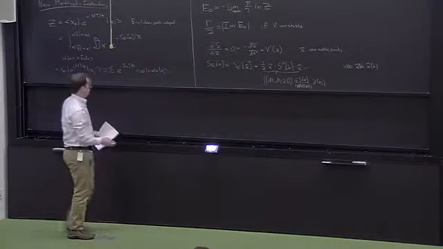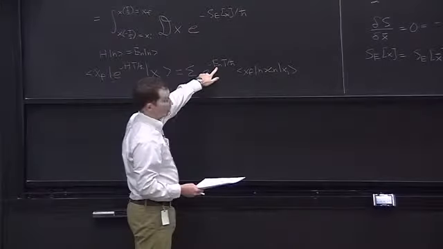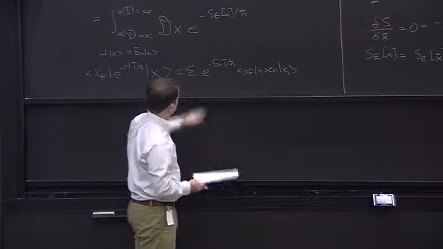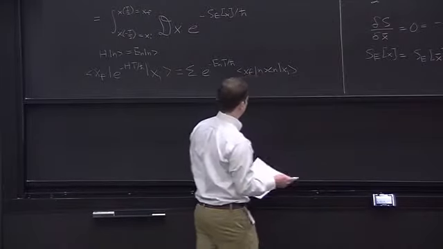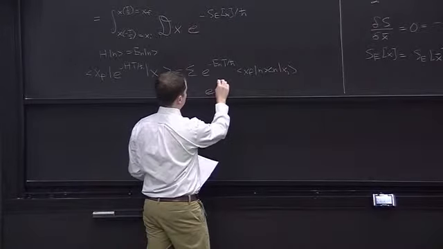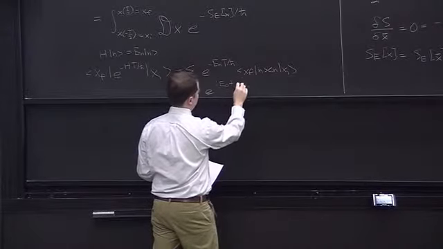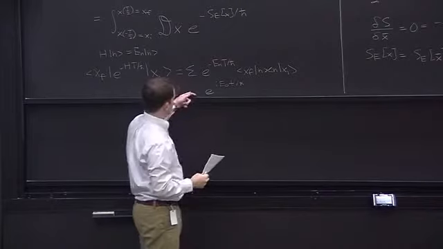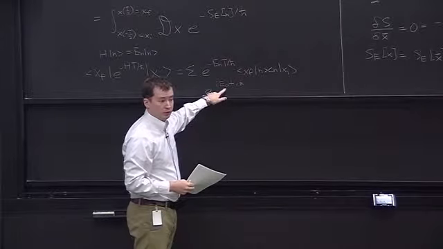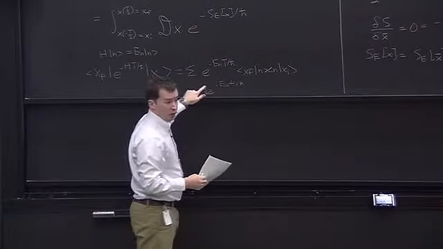I didn't derive that, but you can imagine that if the ground state energy has an imaginary part, in real time it will evolve like e to the i E0 t over h bar. And if E0 has an imaginary part, then we'll have some decay of the amplitude.